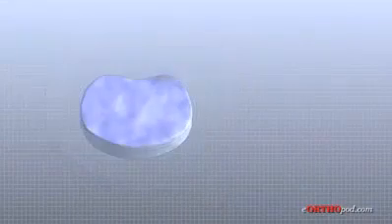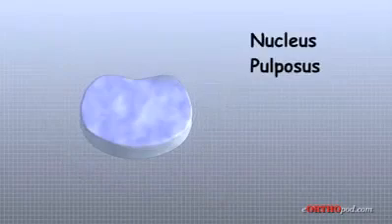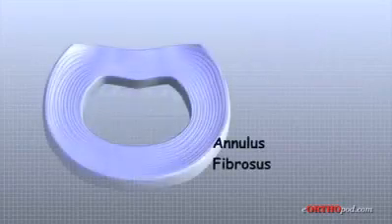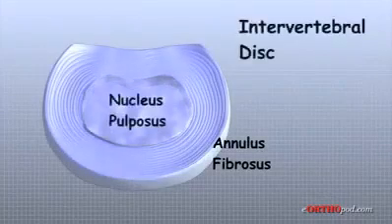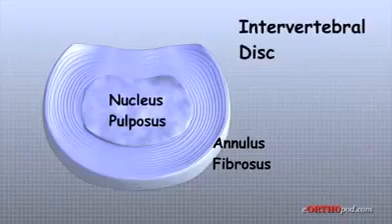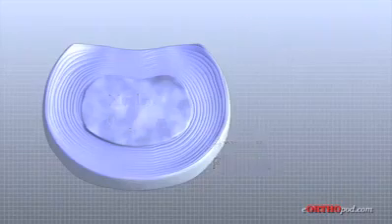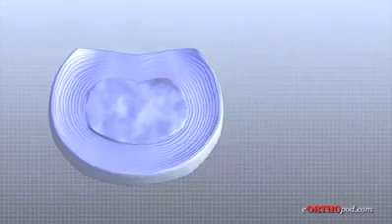The center, called the nucleus pulposus, is spongy and acts like a shock absorber to cushion the force between each vertebra. The nucleus is surrounded by a series of strong ligamentous rings called the annulus fibrosus. Ligaments are made of strong connective tissue and connect one bone to another. The annulus fibrosus is actually a special ligament that connects 2 vertebrae together.